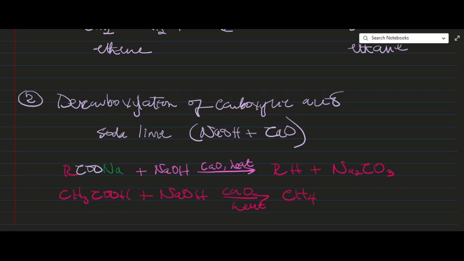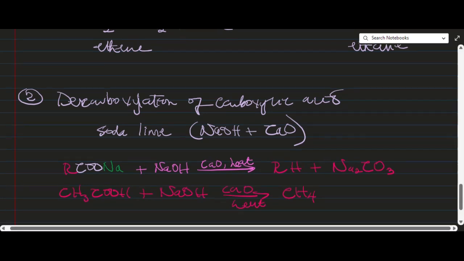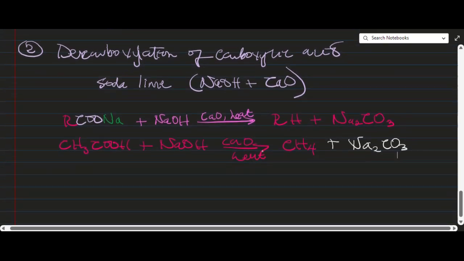Remember, this R is CH3, which is the alkyl group, and then plus another hydrogen becomes CH4. So that is why we have CH4 down here, and then plus sodium carbonate. So that is another way of making alkane.